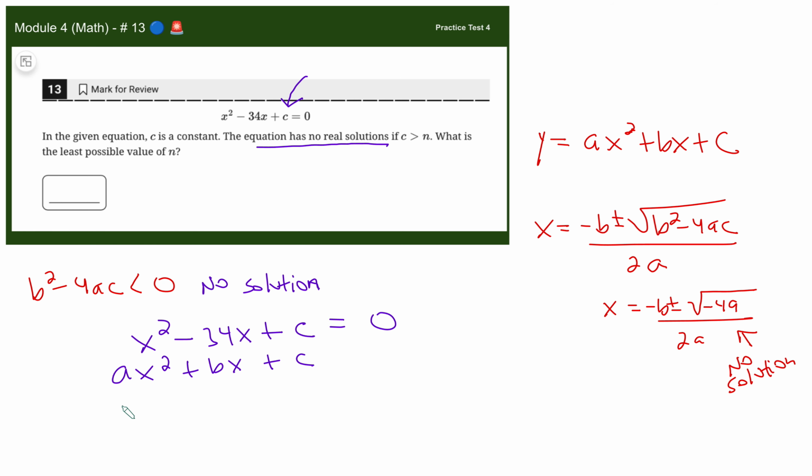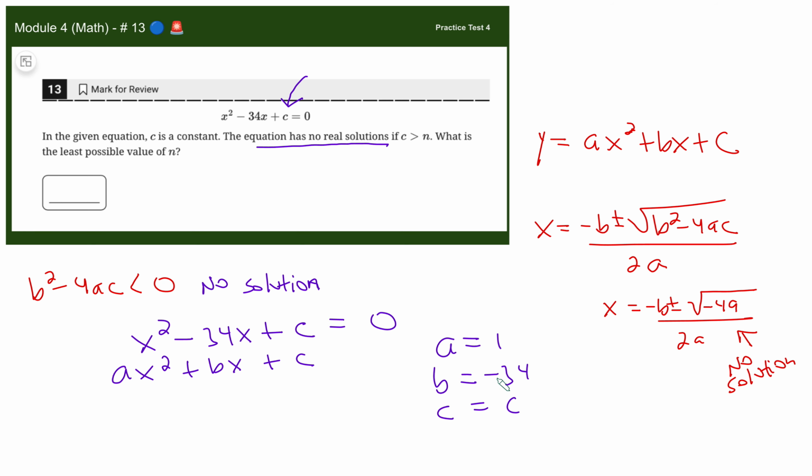Well, a is an invisible 1, so a is equal to 1. b is equal to negative 34. And c is equal to c. So we want b squared minus 4ac to be less than 0.